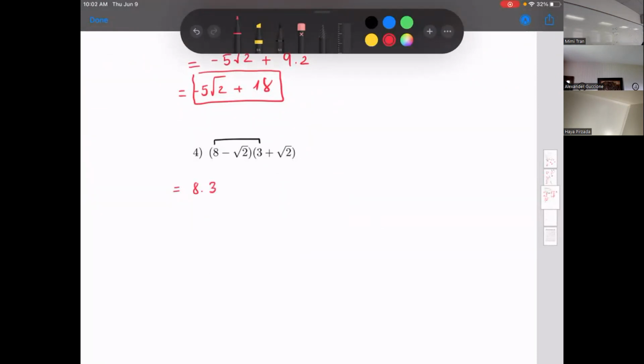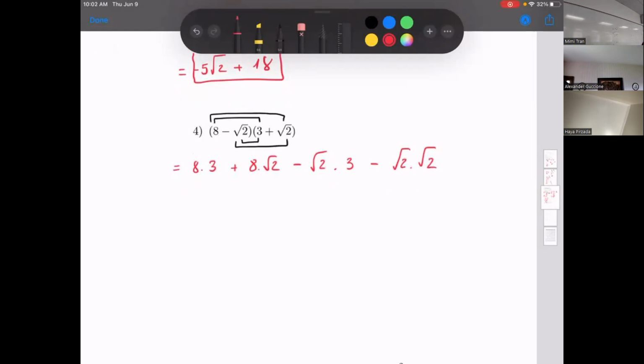And then 8 times root 2 plus 8 times root 2. And then the inner, negative root 2 times 3, minus negative root 2 times 3. And then minus root 2 times root 2. So far, so good. Just FOIL.